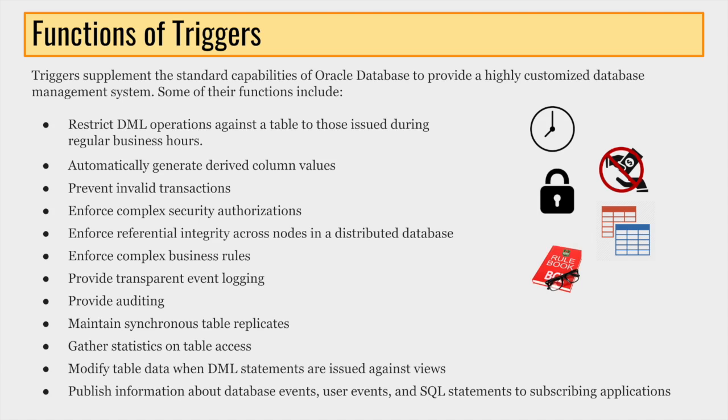It can also allow us to provide transparent event logging, auditing, and maintain asynchronous table replicates. We can gather statistics on table access using triggers and modify table data when DML statements are issued against views. Using triggers, we can also publish information about database events, user events, and SQL statements to subscribing applications.